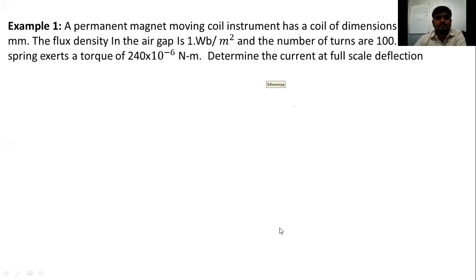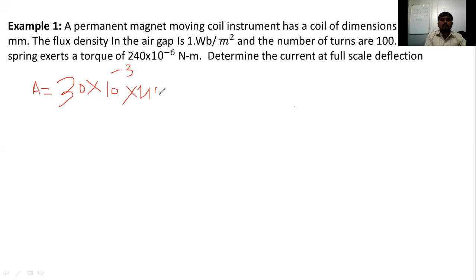Yes, sir. Okay. Can you tell me what you have written in the given data? Area A, 30 mm into 40 mm. Mm is nothing but 30 into 10 to the power of -3 into 40 into 10 to the power of -3.